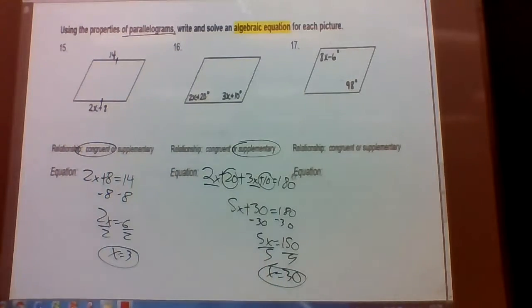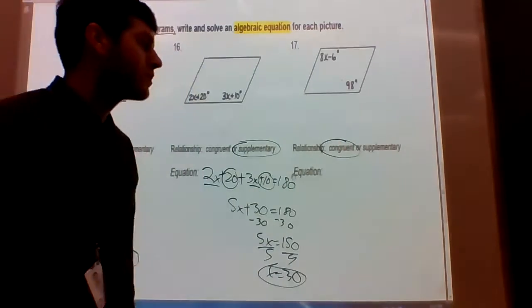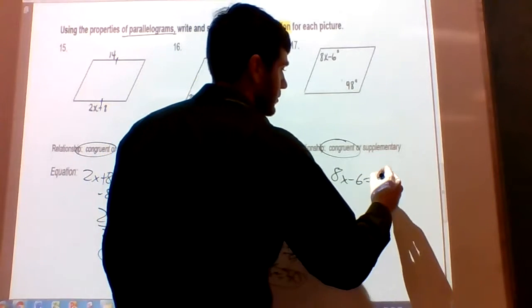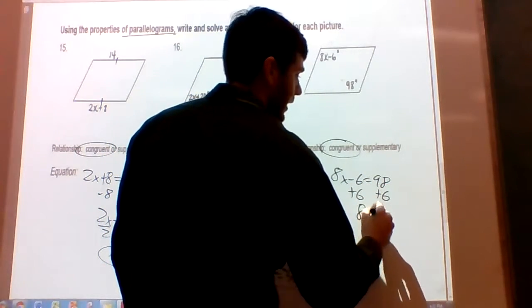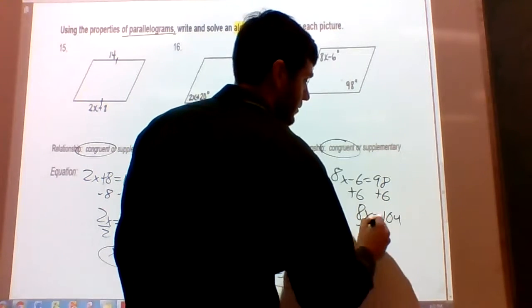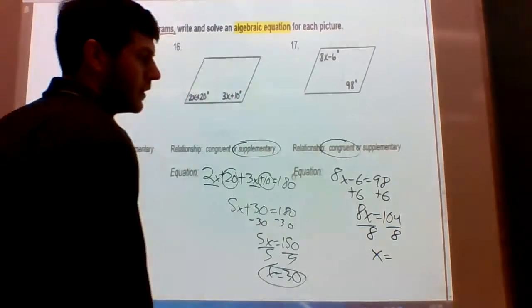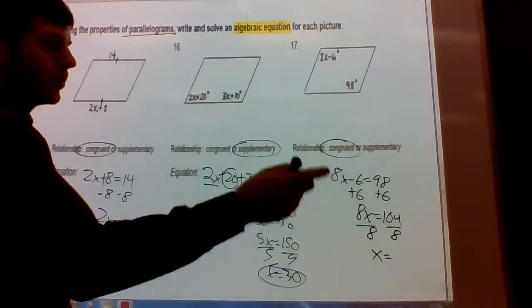Number 17, we have angles. So are the angles opposite or consecutive? They are opposite angles, and we know opposite angles are congruent. So their angle measures are the same. So our equation is going to be 8x minus 6 equals 98. We're going to add 6 to both sides. 8x is going to be 104. Divide by 8. X is going to equal, so it goes into 10 once, 24 3 times.